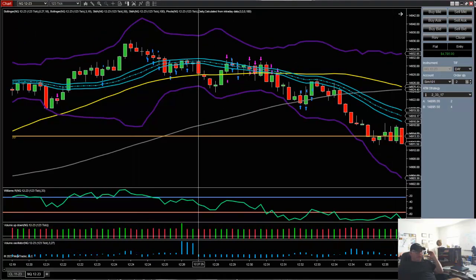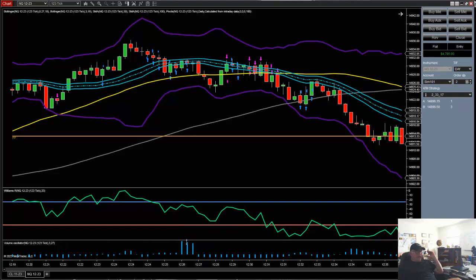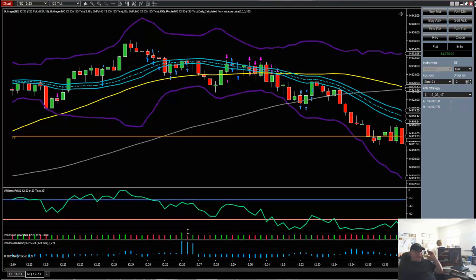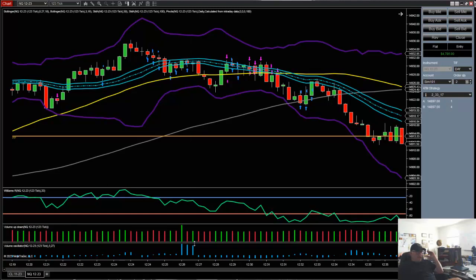This volume here is not really helping me at all. Green and red, it's just not really helping. I could probably just smash it down and forget about it. This has helped me a little bit more.